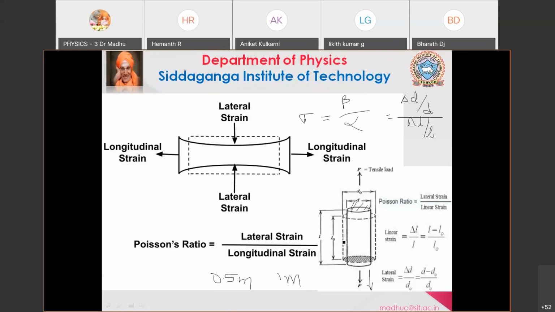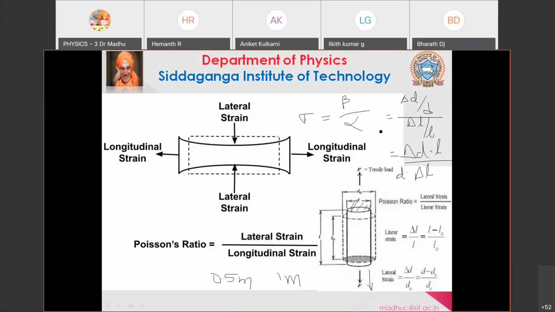Here they are using small l, but you can also use capital L. If you simplify, the L goes up, and it will be delta D into L divided by delta L into D, or D into delta L. So this is your Poisson's ratio, which is also very important. We are going to learn more on this in the next class.